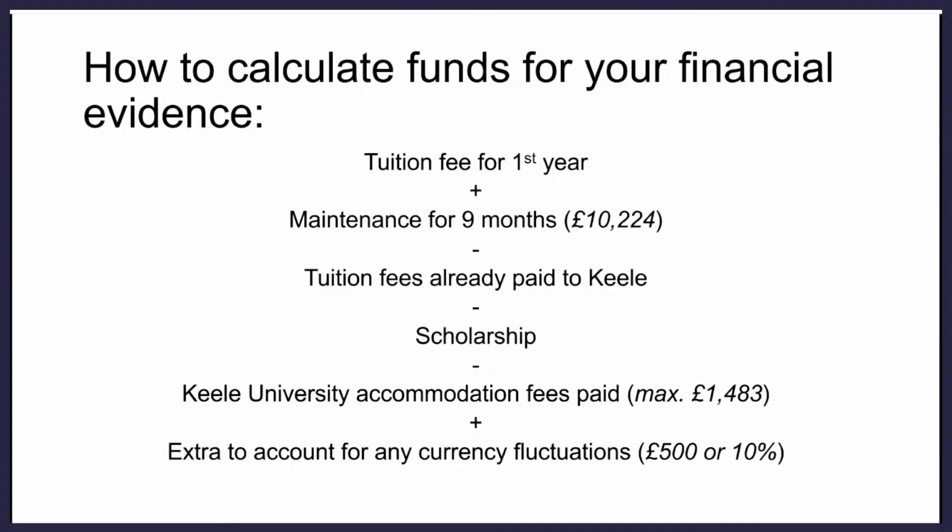The other thing you will need to consider is currency fluctuations. If you are from a country where your currency versus the pound is not always on the level, then I would recommend you add a little bit extra onto the total that you've just worked out from that calculation. Maybe £500, maybe 10%.